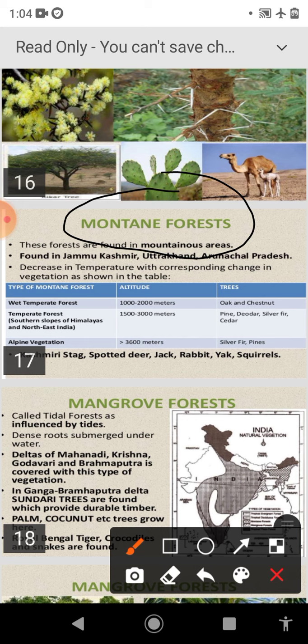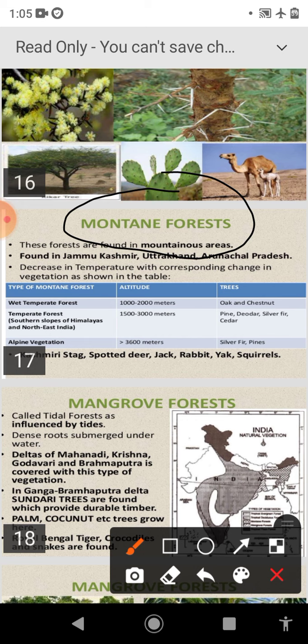Between the height of 1500 to 3000 meters, temperate forests containing coniferous trees like pine, devdar, silver fir, spruce, and cedar are commonly found. At higher elevation, temperate grasslands are common.